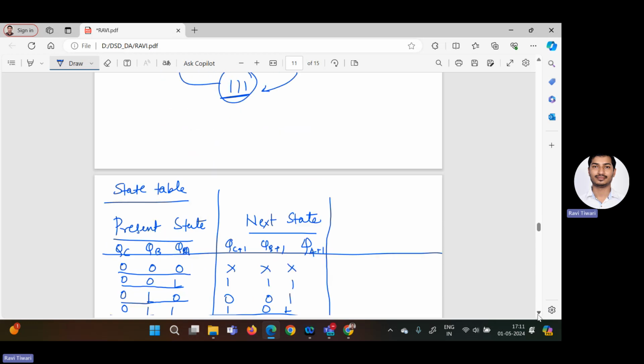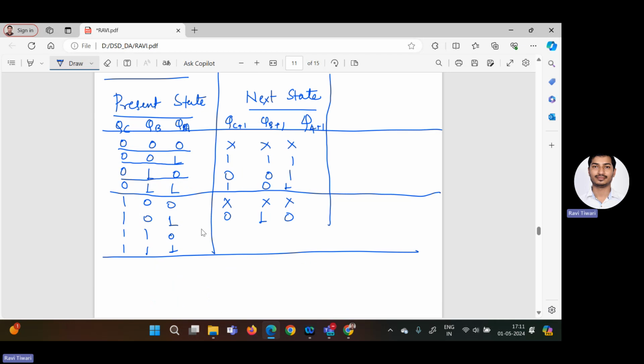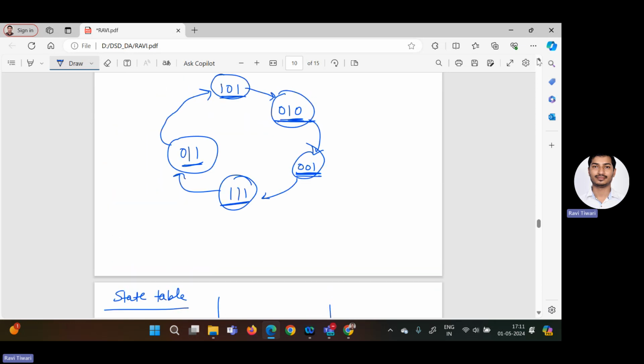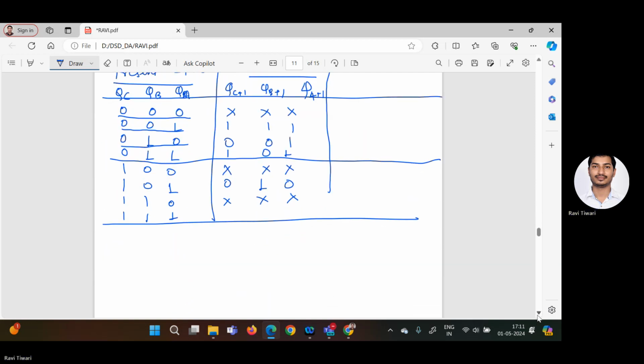That means we cannot tell the next state, so in that case you assume it as a don't care condition. Now, if you're in state 1, 1, 1, what will be the next state? From 1, 1, 1, the next state is 0, 1, 1.